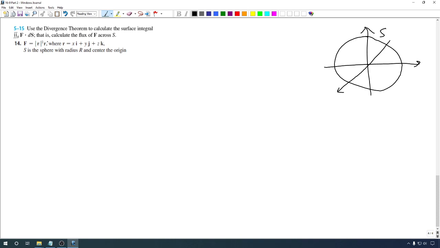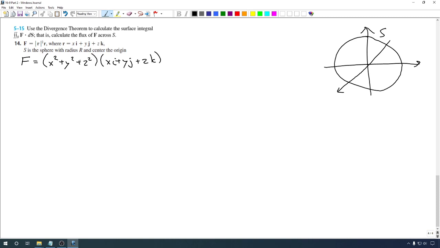Now, we can actually write out F easier just by remembering that the magnitude of this is just the square root of x squared plus y squared plus z squared. Of course, with it being squared here, we don't have the square root. So we have x squared plus y squared plus z squared times xi plus yj plus zk.